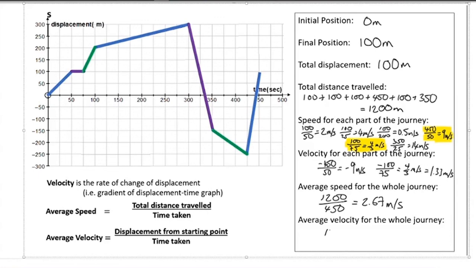But when it comes to velocity, we're only using 100 over 450. That's 0.22 meters per second. Okay, so here I've tried to demonstrate the differences between speed and velocity, the difference between distance and displacement, the difference between a scalar measurement and a vector measurement.